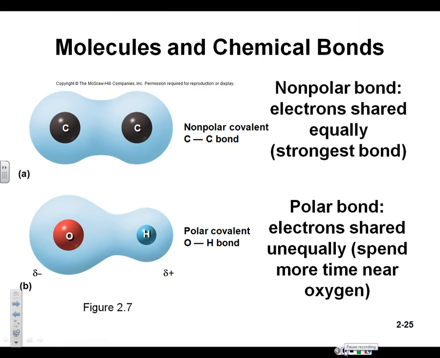Alright, now let's look at the difference between a polar bond and a non-polar. If you look at the diagram, a non-polar bond is a bond between atoms that share electrons equal. Alright? And a polar one is when they share electrons, but they do not share them what? Equal.